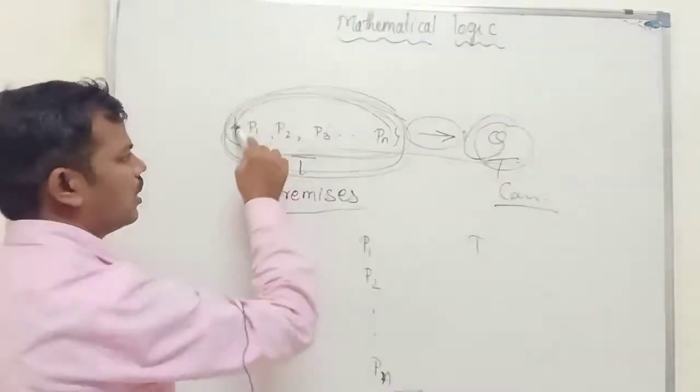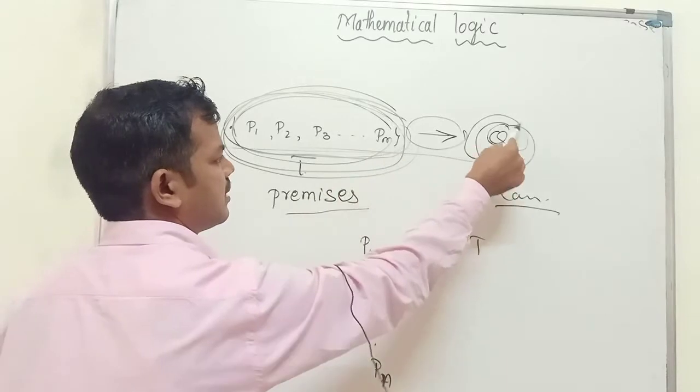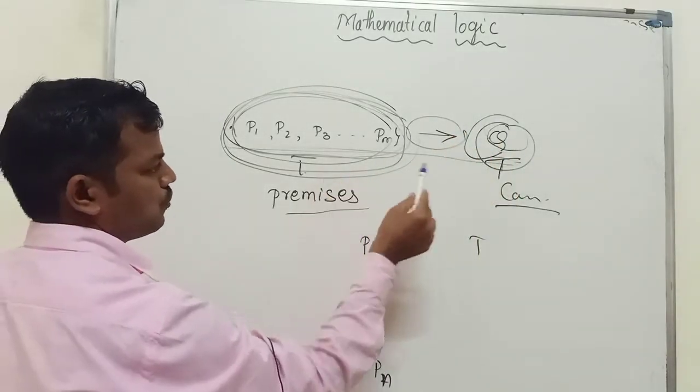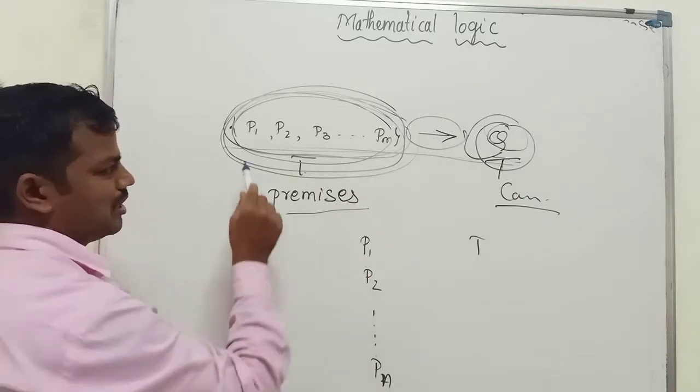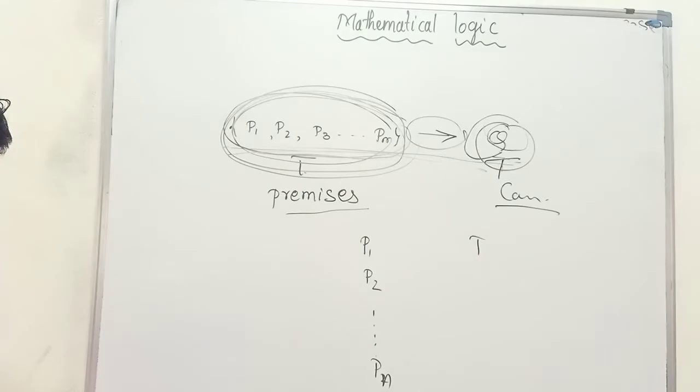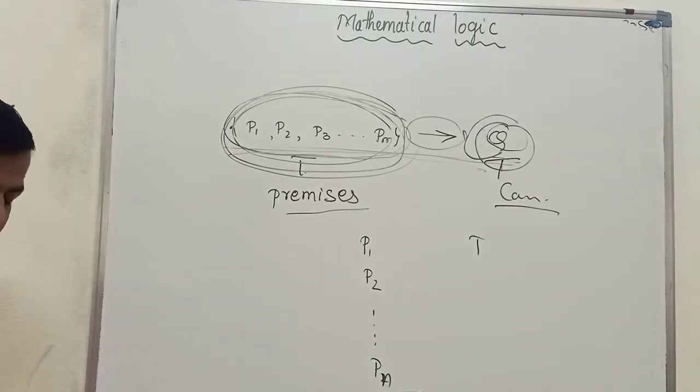If all of these are true, then automatically Q is true. Therefore we call it a valid argument. So let us take that about arguments.